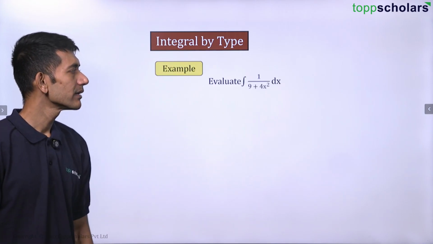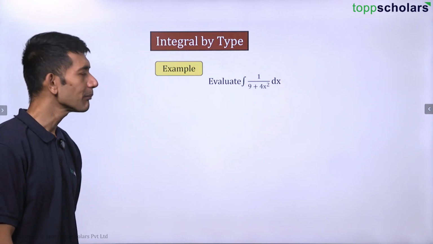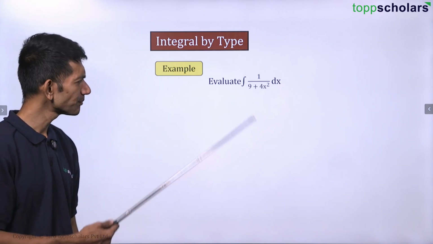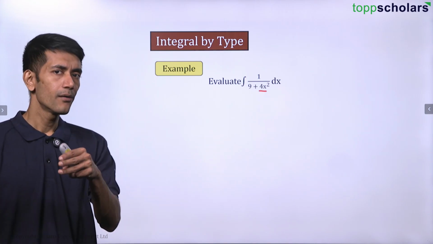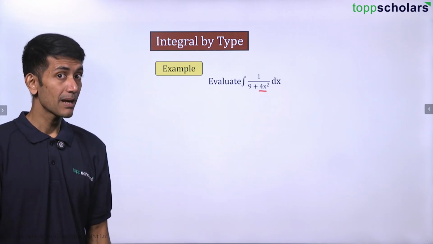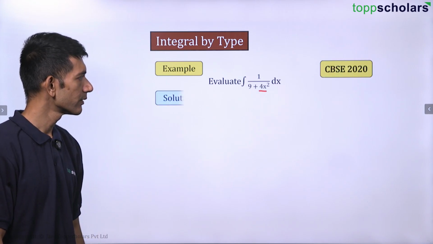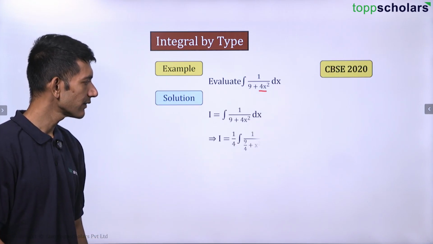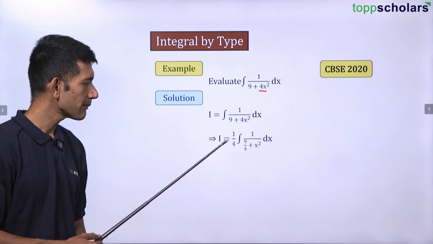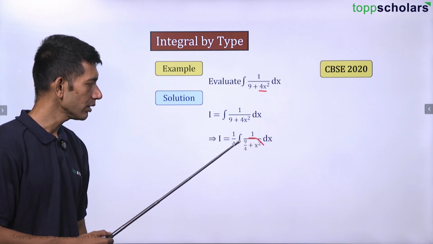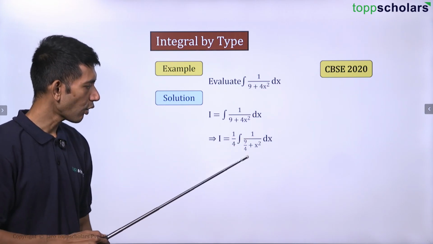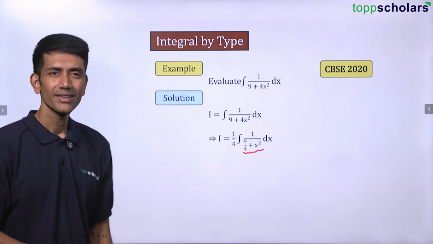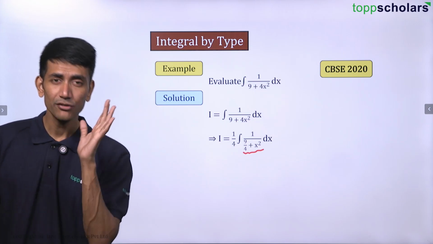So evaluate integration of 1 by 9 plus 4x square dx. Very simple. Again, we don't want 4. Well, divide by 4, multiply by 4. Let us do that. Here I am dividing by 4 and outside I am multiplying by 4. Now observe this pattern. This is 3 by 2 whole square plus x square.